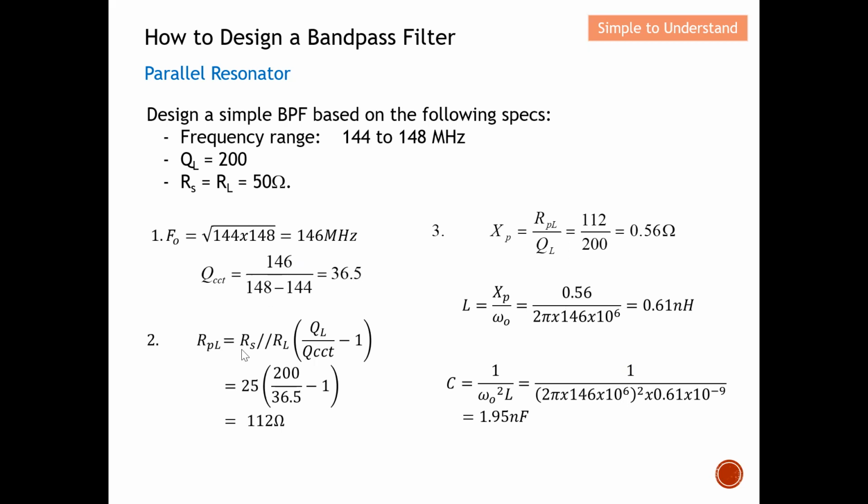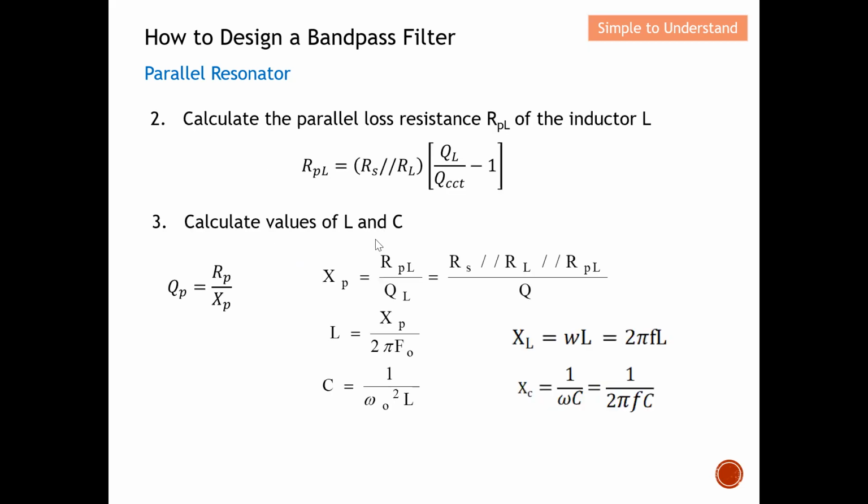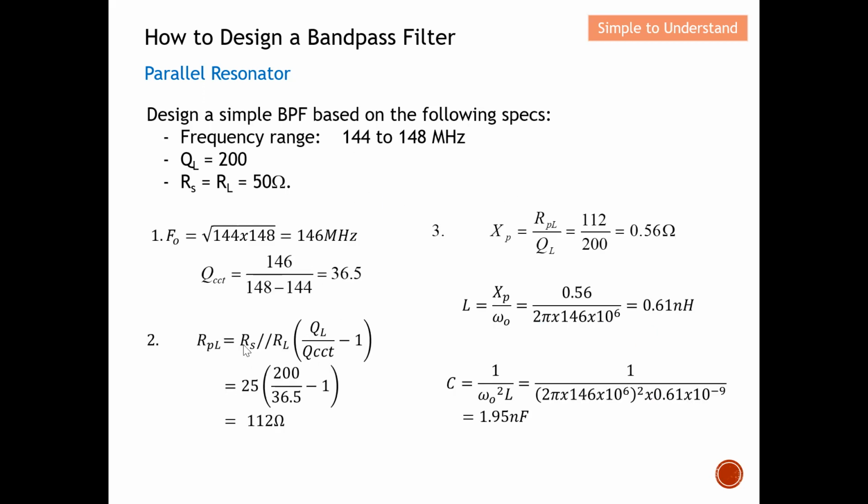Next, we are ready to calculate this RPL. This is a formula which I have shared with you earlier on. This is the formula to calculate the parallel loss resistor of an inductor. So I can calculate the resistor value that is contributed purely by the inductor. Since the source and the load resistor are 50 ohm, they are in parallel.